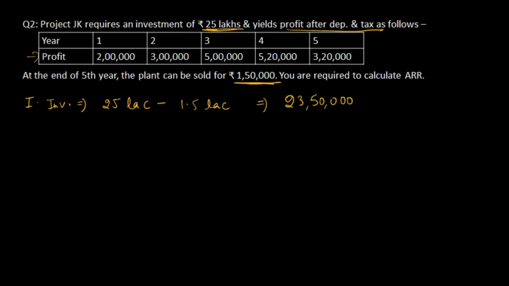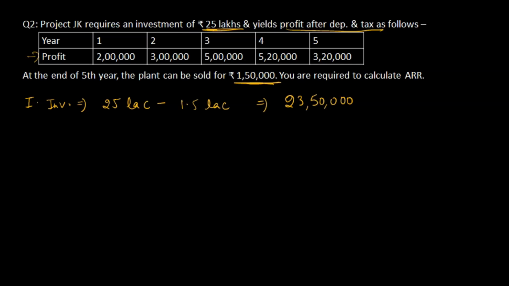This 1,50,000 is a scrap value, because for 5 years we are getting profit, and at the end of the 5th year the project life will be ended. So this value we are still getting with that investment. So this initial investment we got for our denominator.